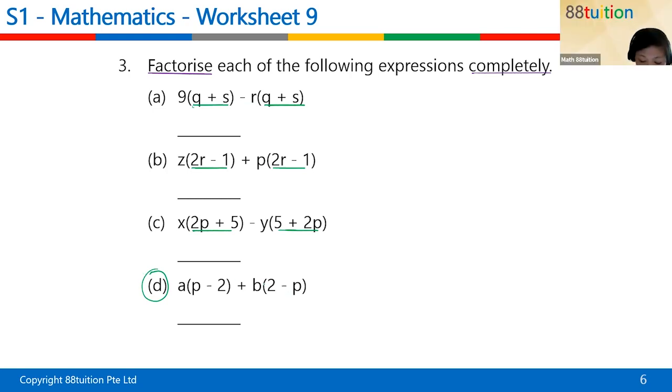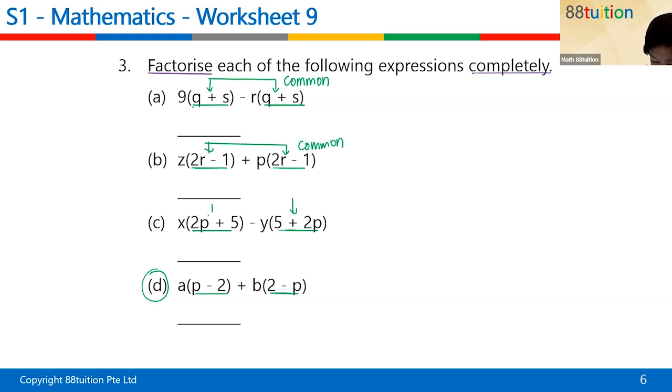Not only that, you see, you have P minus 2, but this is 2 minus P. Are they common terms? You scratch your head there. You see, this and this are the same. If you take a look, this and this are the same. We call them common terms. So they have a common term.